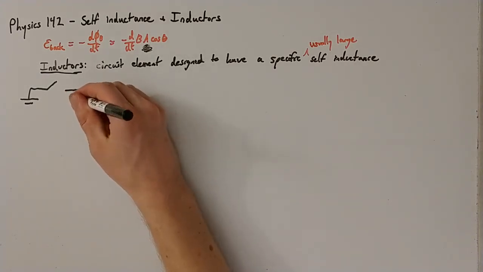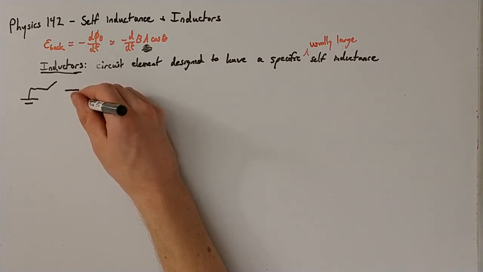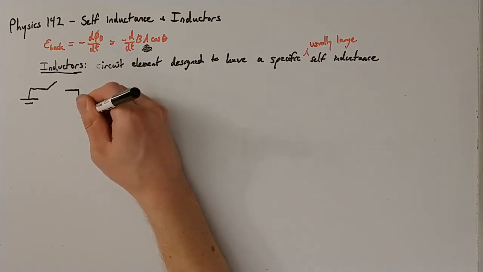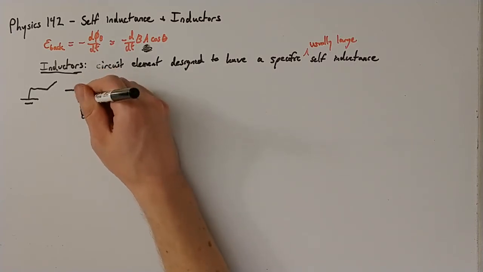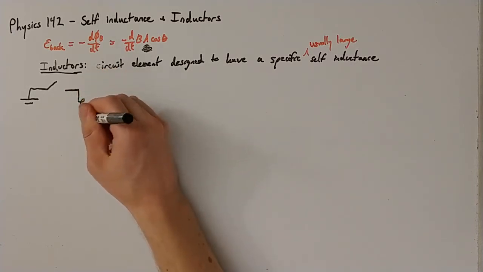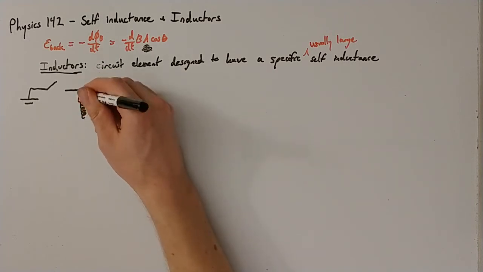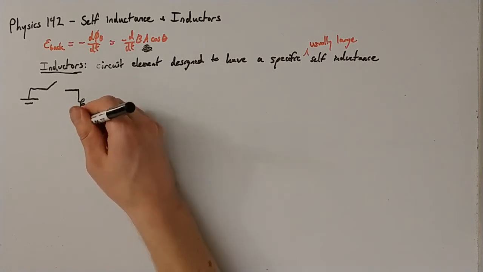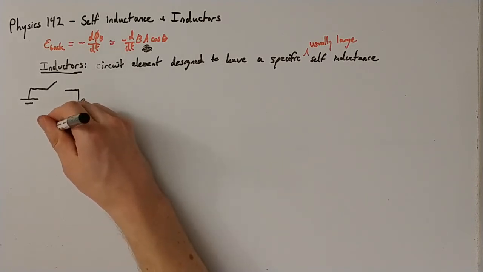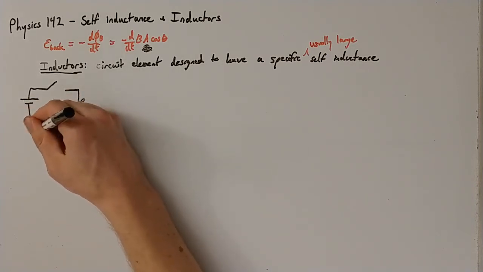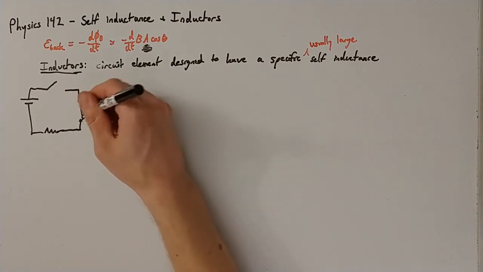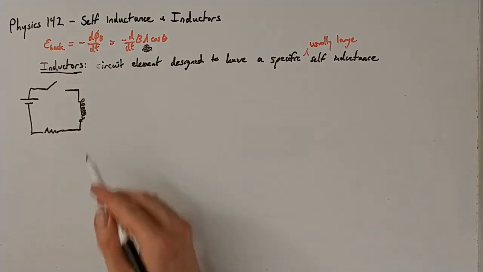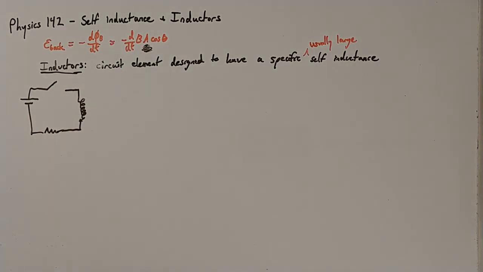So the little symbol for an inductor is just like that. You draw many loops, sort of like a solenoid. Many loops of wire, and you get a lot of magnetic flux through that. That's the symbol for an inductor. Maybe your circuit also has a resistor in it or something like that, but this here is your inductor, many loops.